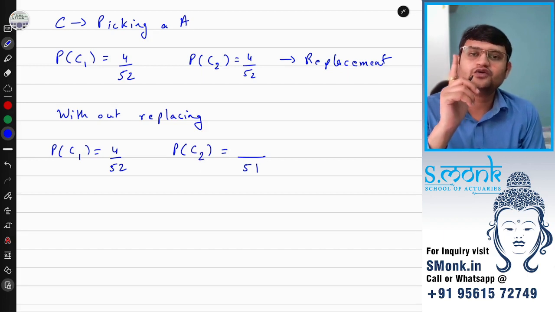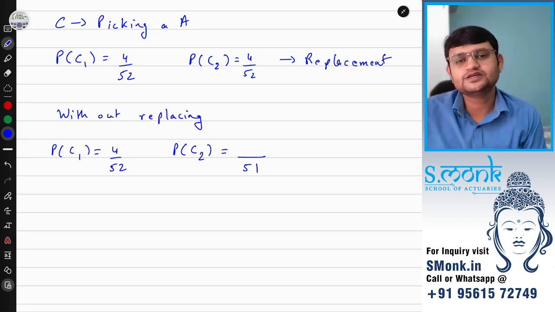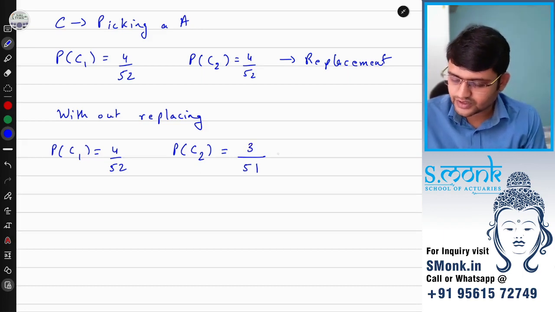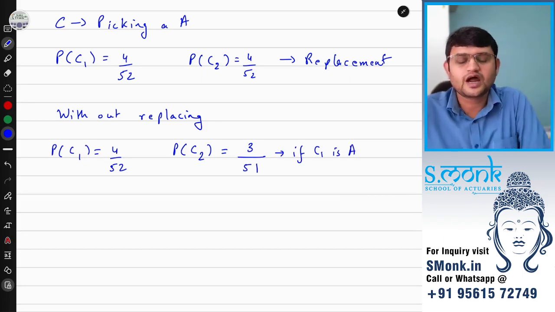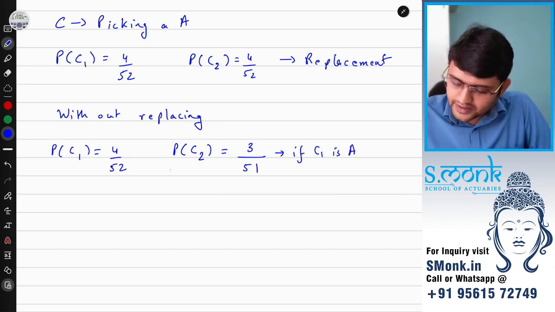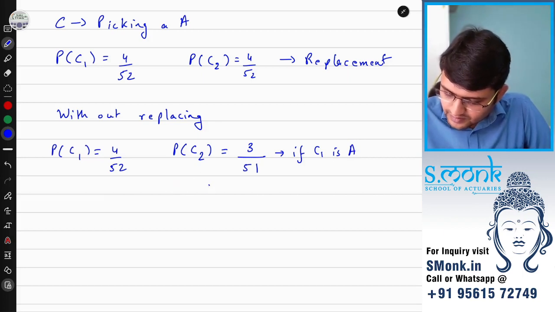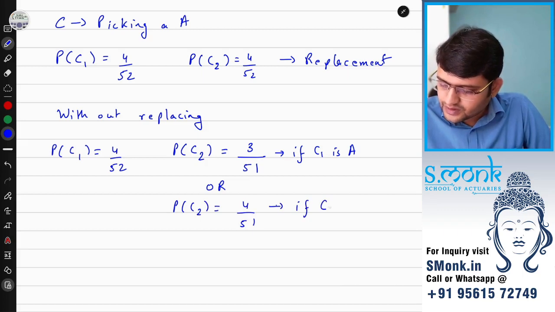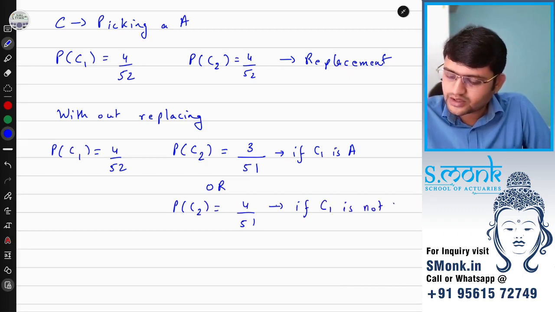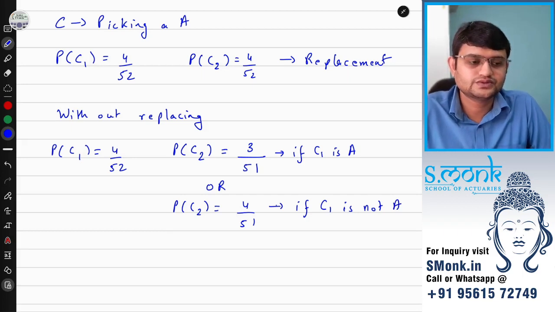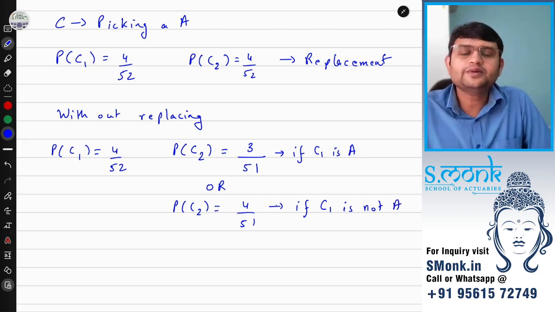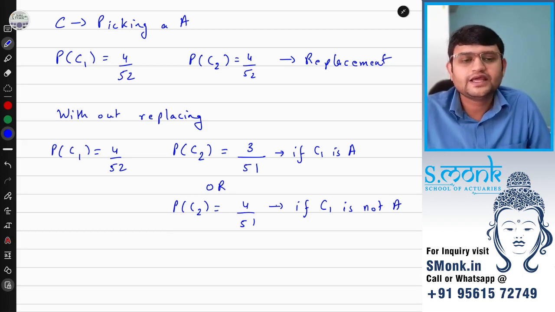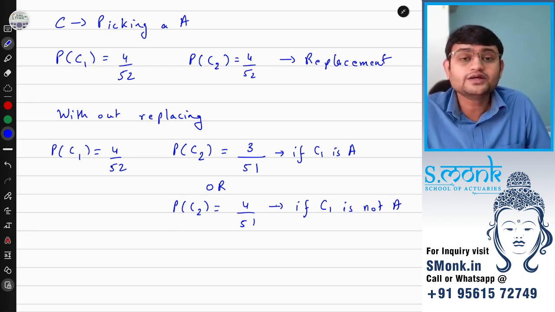There are only 51 cards, so the probability has changed because of the first event. If the first card was an ace, then there are only 3 aces left for the second card. So it is 3 by 51 if C1 is an ace, and the probability of C2 would be 4 by 51 if C1 is not an ace. So now the probability of the second event is dependent on the occurrence of the first event.